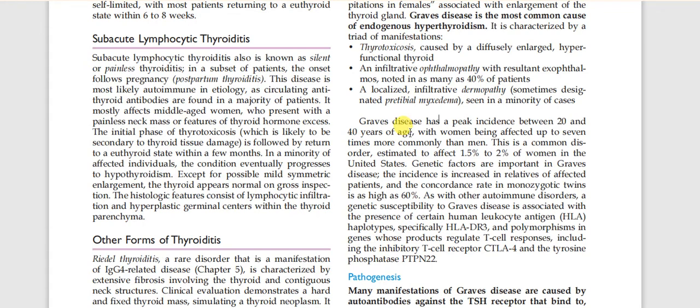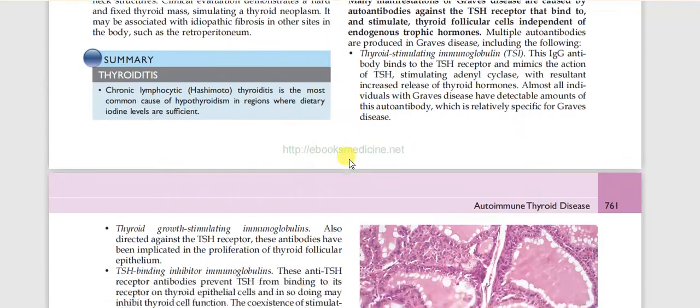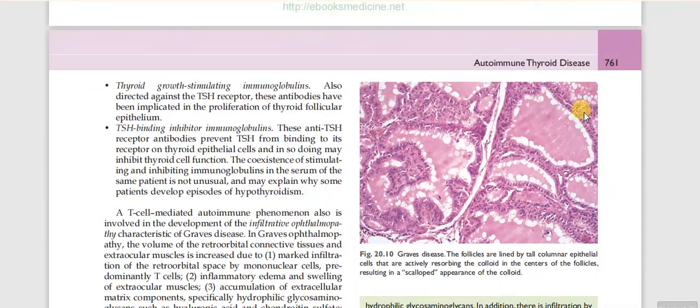Of course it leads to hyperthyroidism. In the same way as in Hashimoto disease, it can cause a little inflammatory reaction in the thyroid gland.